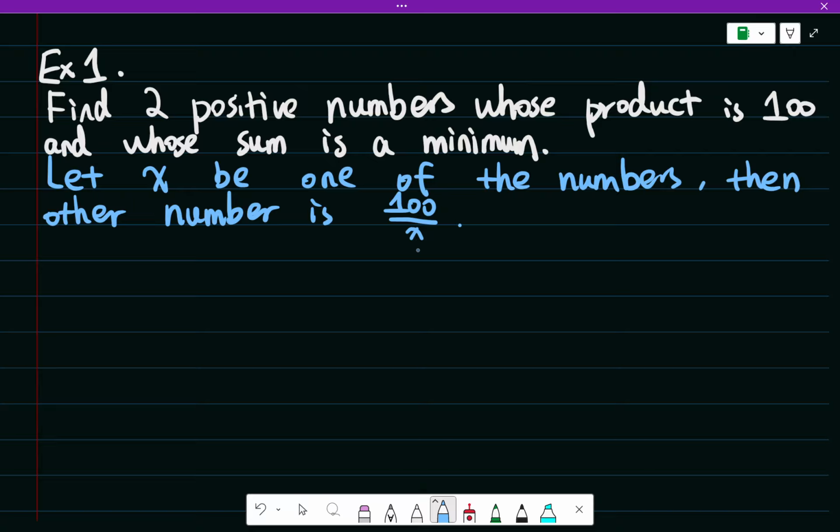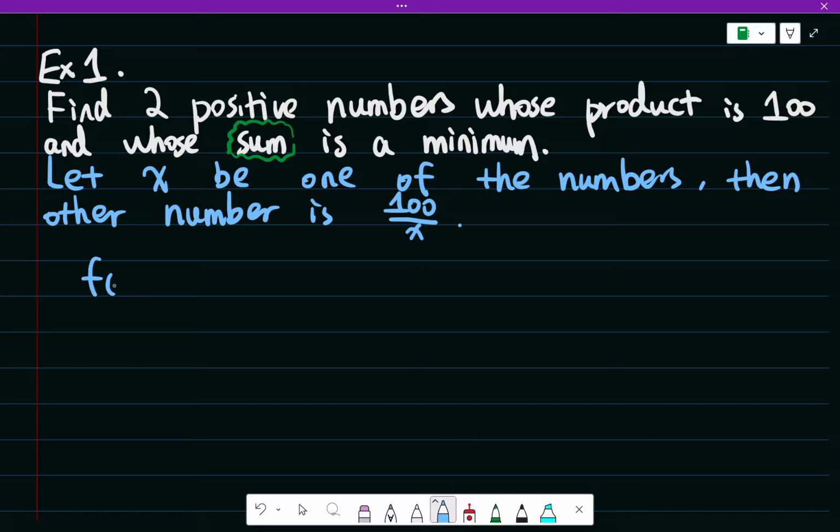So we can set up a function representing exactly the thing that we're trying to optimize. The question specifies we need to look for the numbers when their sum is a minimum. So we must set up a function representing the sum such that we can optimize the sum, which is the function itself.